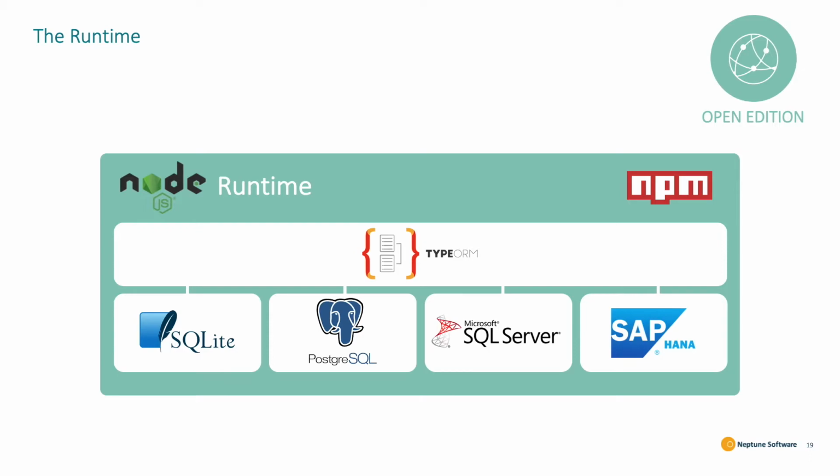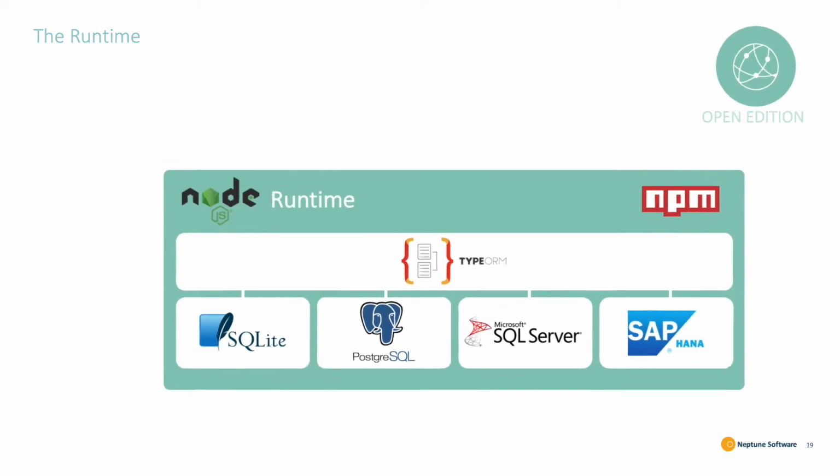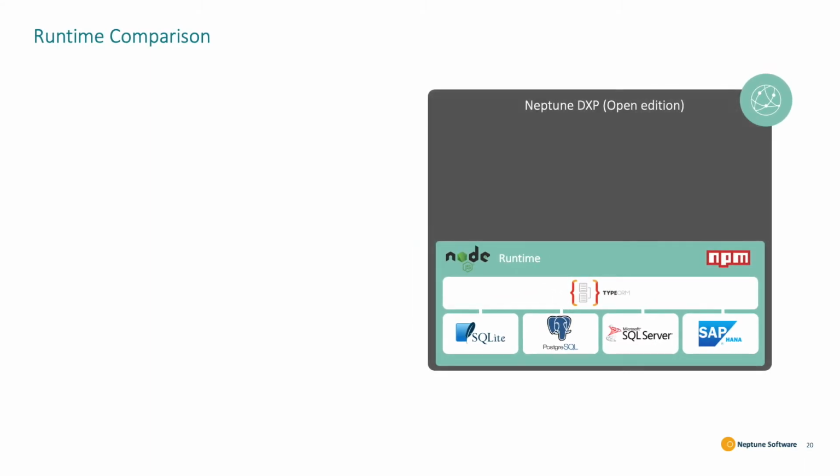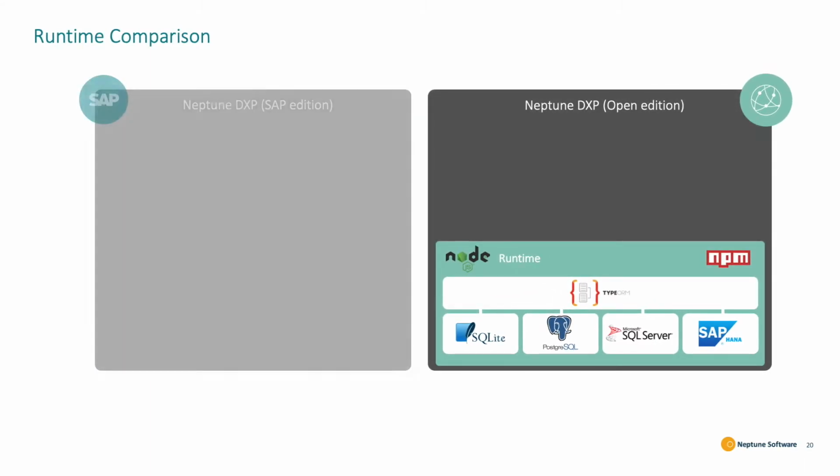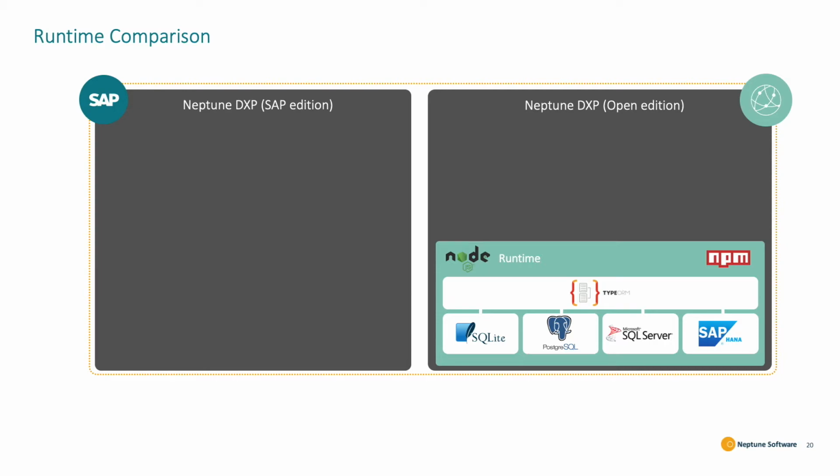Now we know about the foundation of the Open Edition, we can contextualize this alongside the SAP Edition module to see how it differs. Here you can see the SAP Edition utilizes the ABAP Runtime ICF node. Each module has its own hosting methods too.